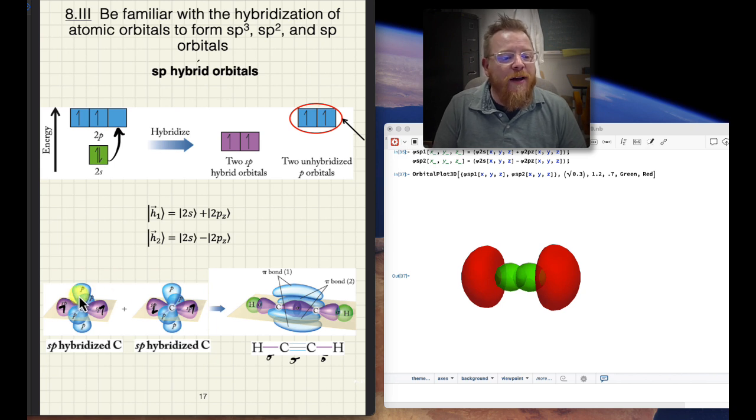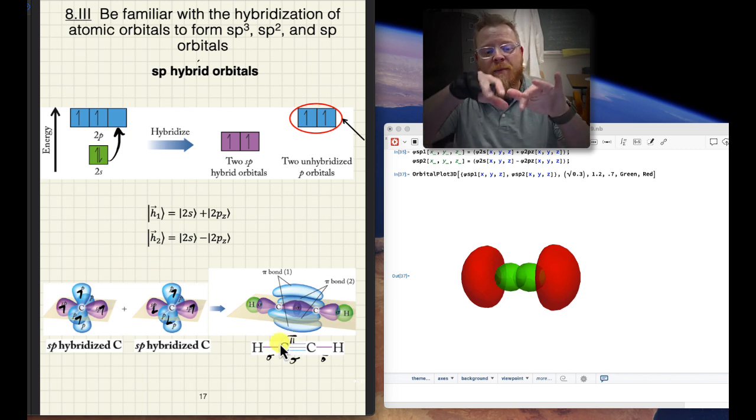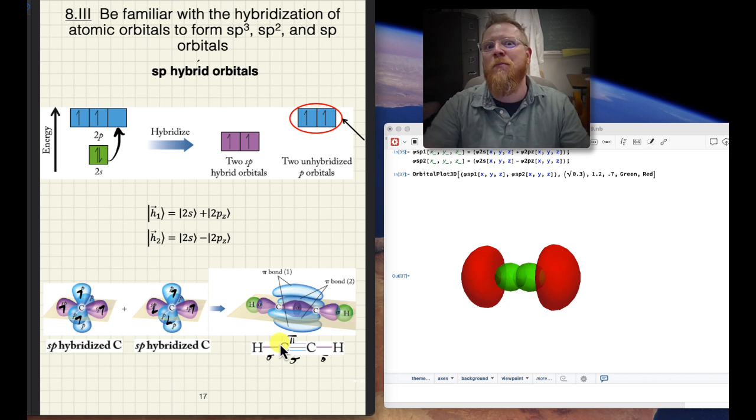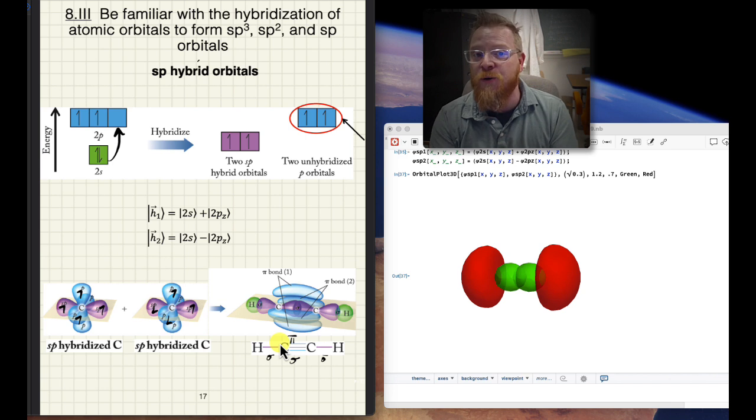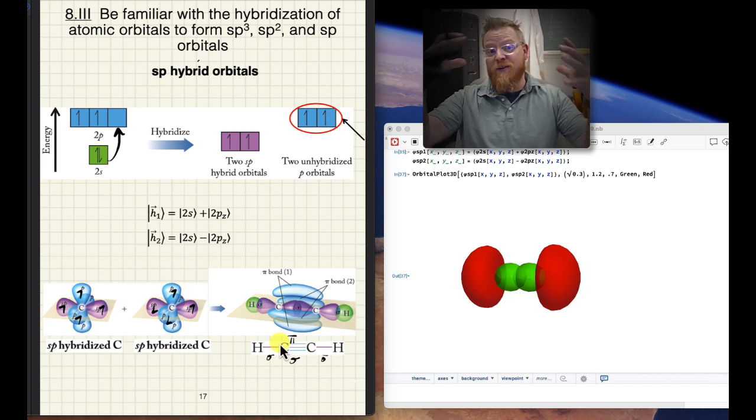But now recall, because we had an electron in, let's say, the px and the py, it's arbitrary which I selected, that's going to allow us to make 2 pi bonds. And I kind of like to describe it as this barrel of electron density. So as we might imagine, that's why these triple bonds are quite strong, because not only are the nuclei being held together in their internuclear zone, they're also being held together outside of that area.